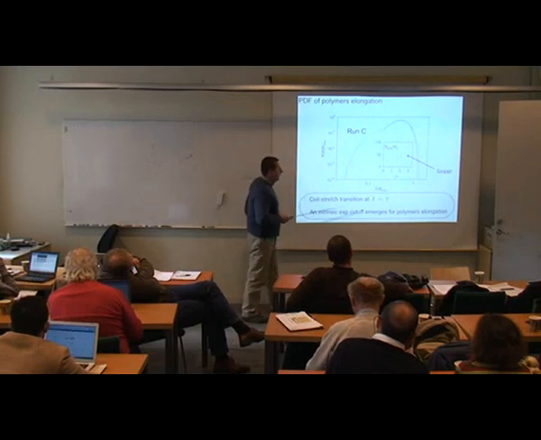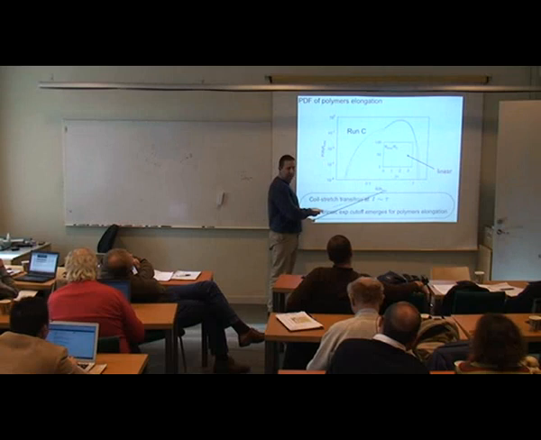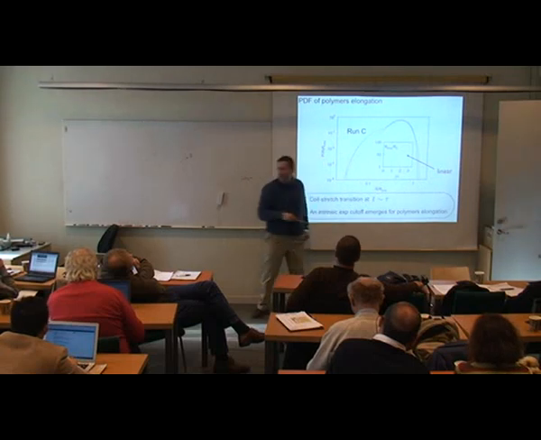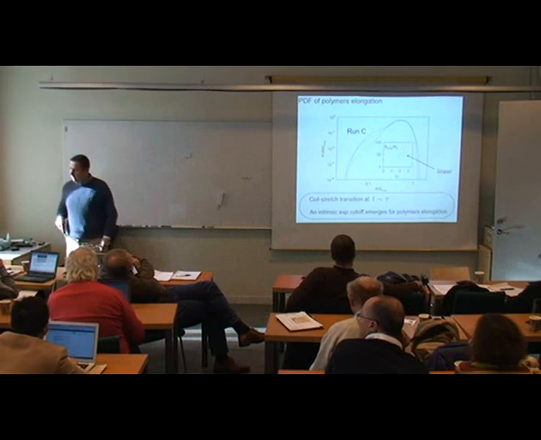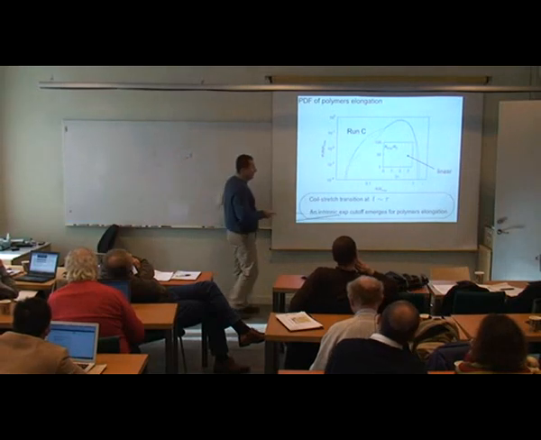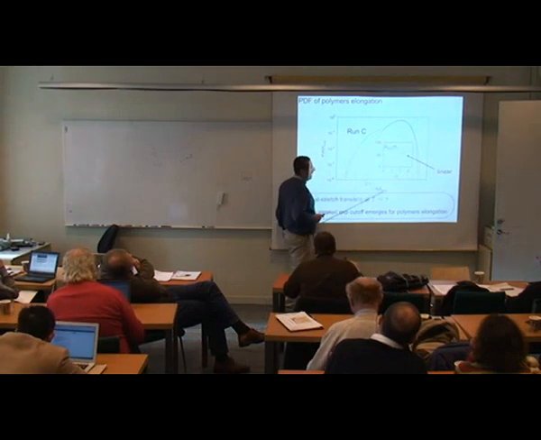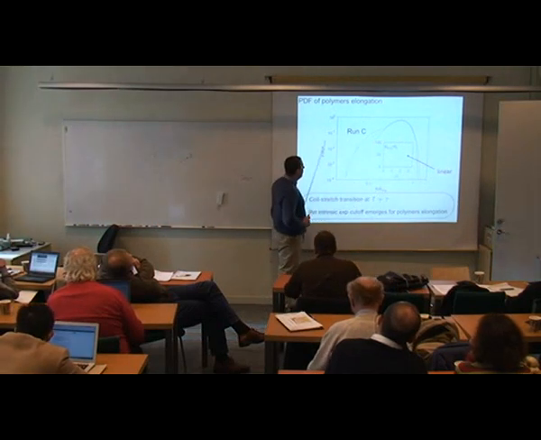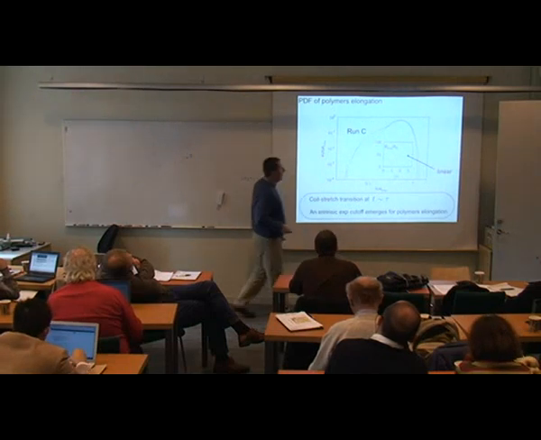But nevertheless, if you consider the probability density function of polymer elongation R normalized by R divided by RMS, we obtain something which doesn't depend on time, despite the fact that we don't have a cutoff L for the polymer elongation. Actually, an intrinsic exponential cutoff emerges from the polymer elongation, as you can see here. So RMS depends on time. The probability density function rescaled by the RMS does not.